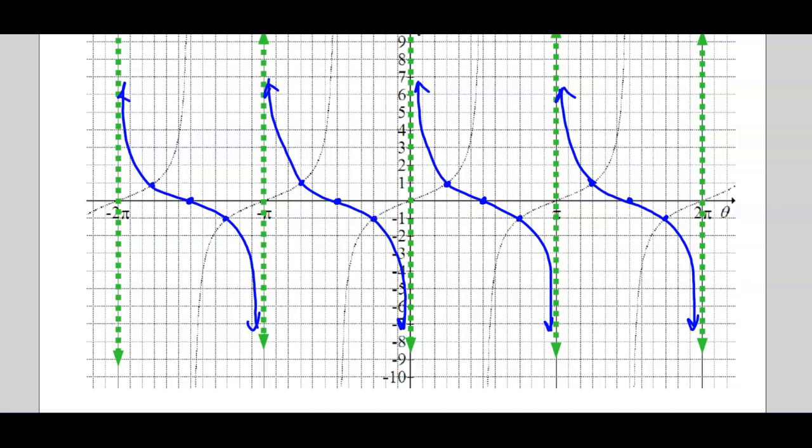So, same distance between the asymptotes, and each of those parts of the graph is a cycle, and so that doesn't change. It still has a period of pi.